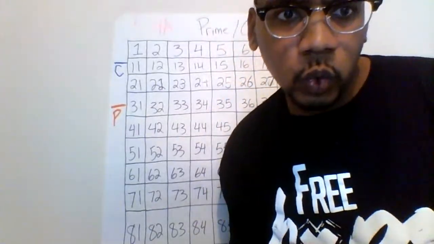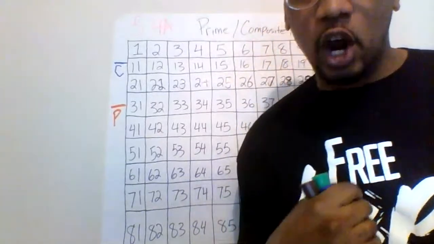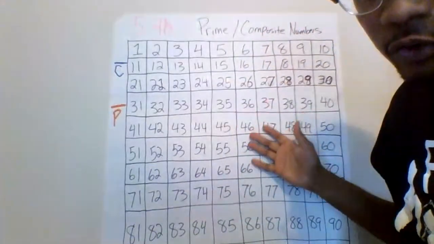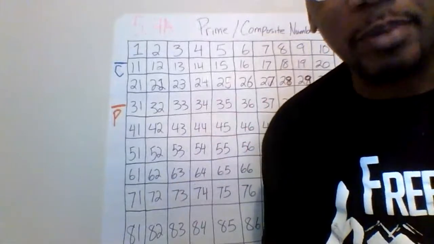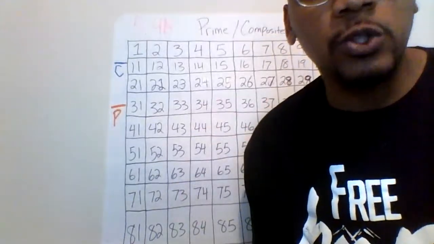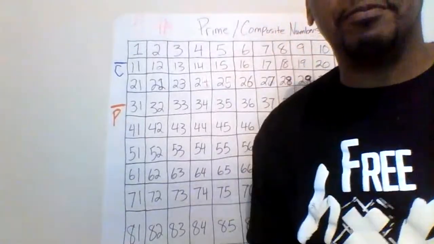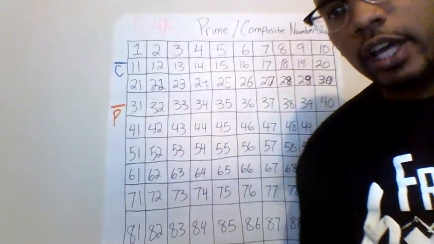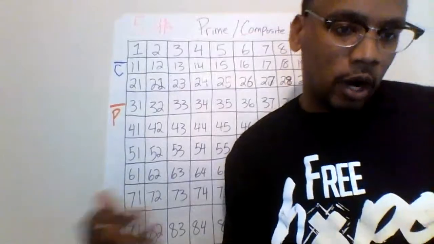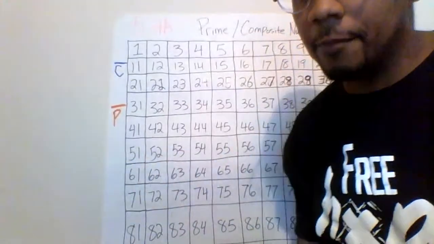I'll give you one more minute, then we're going to go ahead and get started. We're going to take this 100 grid and turn it into prime and composite. I'm also going to show you the 6th grade version of prime and composite, just in case we don't get to go back to school.